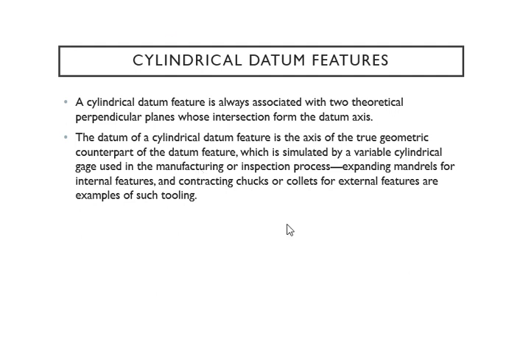And your datum feature for a cylindrical feature is your axis, and that is the true geometric counterpart of your datum feature. It can be simulated by using the variable cylindrical gauge. I've already showed you that in the previous example. What are we doing with all of this?